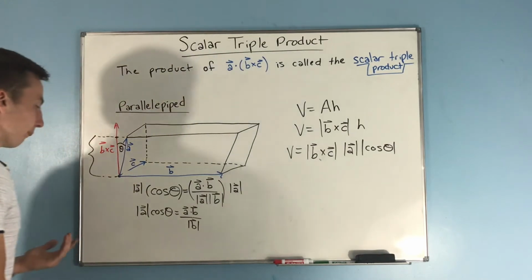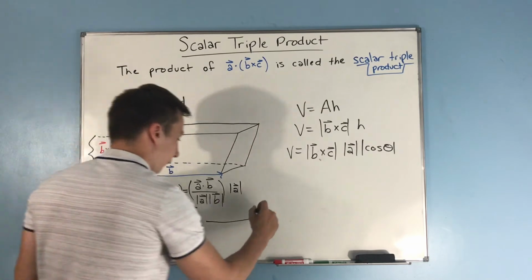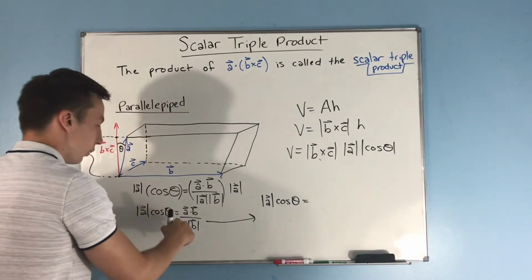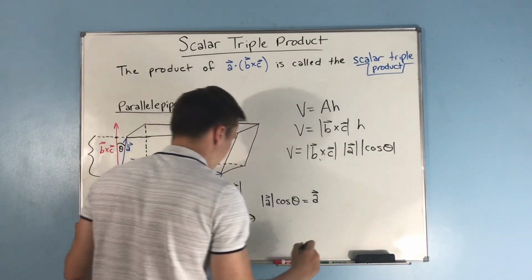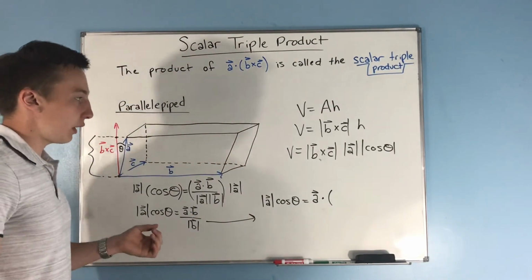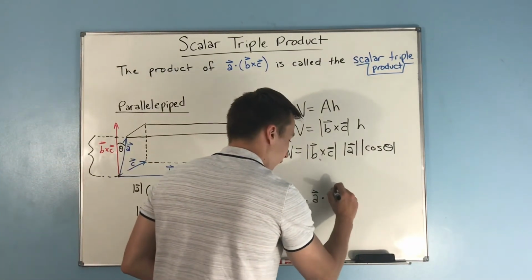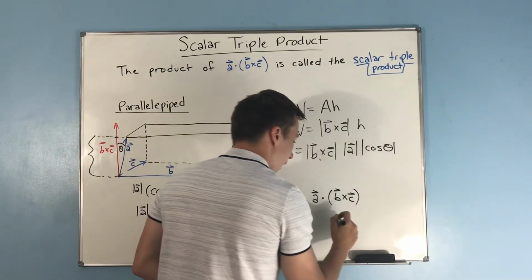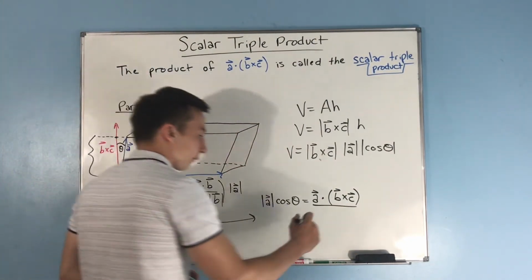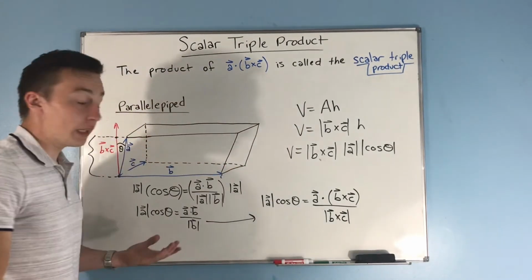So what I can do here is say that the magnitude of A times cosine theta is equal to vector A dot, and we're going to plug in B cross C for this B right here, and we're going to put that over the magnitude of B cross C. And we can do that.